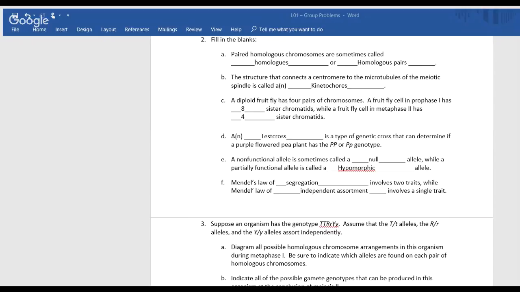So there's a set from mom and a set from dad, and there's 4 pairs of chromosomes. If there's a set from mom and dad, there's 2 sets. You're obviously going to have 4, but there's also sister chromatids, so there's actually going to be 4 sister chromatids.